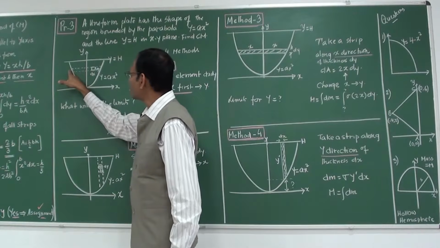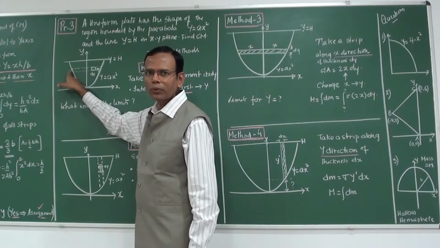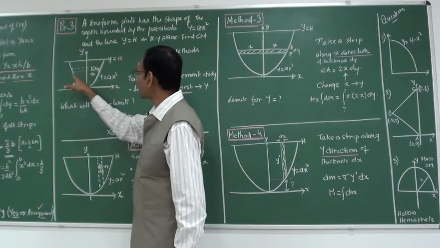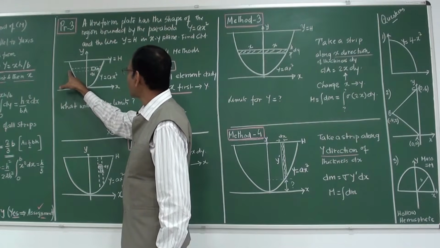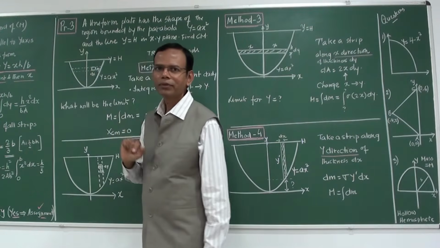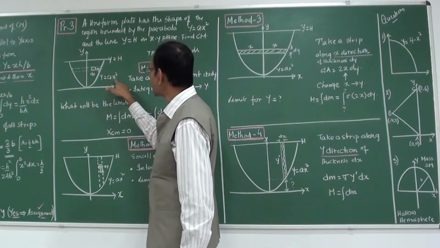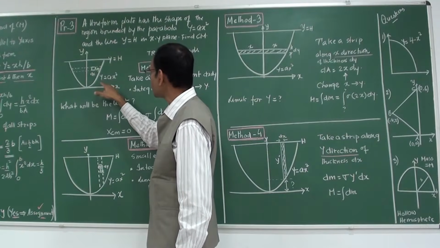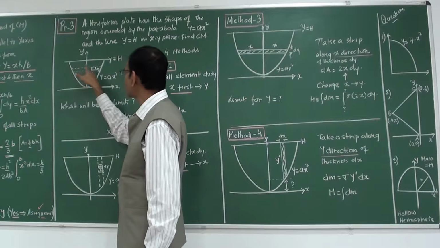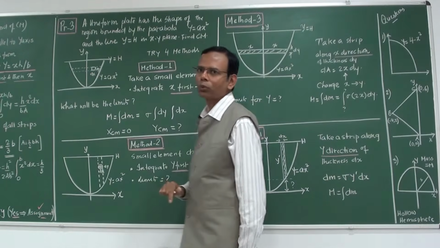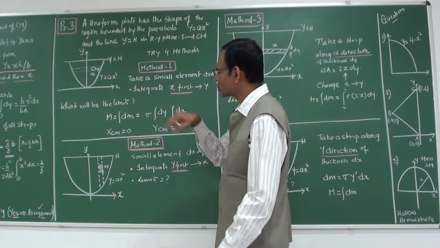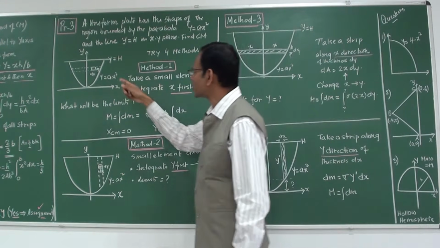Now, what is the value of this point? How will you calculate it? You have to find out the x. So what is the x of this point? Because the equation of this curve is given to you, from here you can find out the x, that is root of y by a. So minus root of y by a to plus root of y by a. Now this is a symmetric function, so you can basically integrate 2 times from 0 to this value.